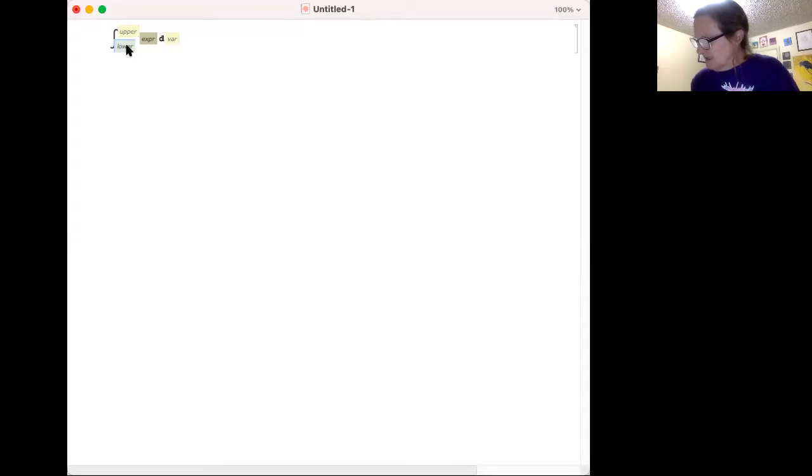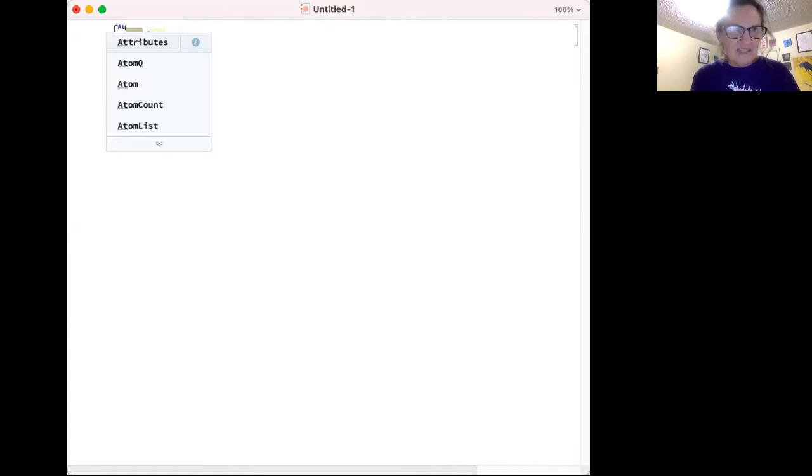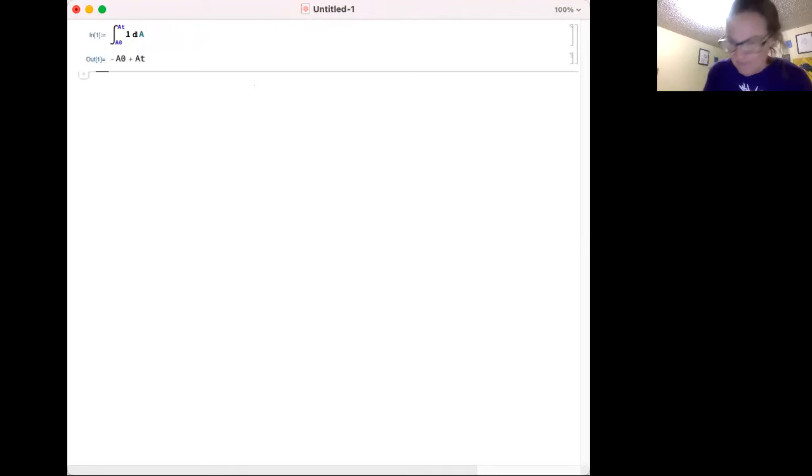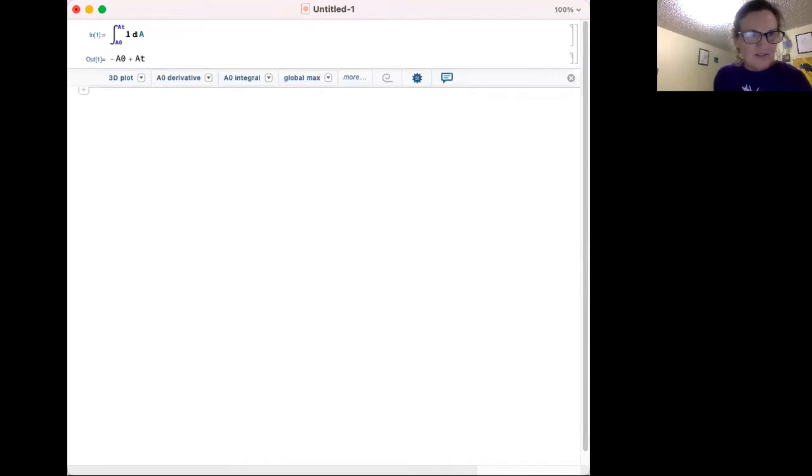So I'm integrating the left-hand side from A0 up to A at some t. And the function I'm integrating is just 1, because it's zeroth order. So it's 1 times dA. When you do that integral, you get negative A0 plus A(t).